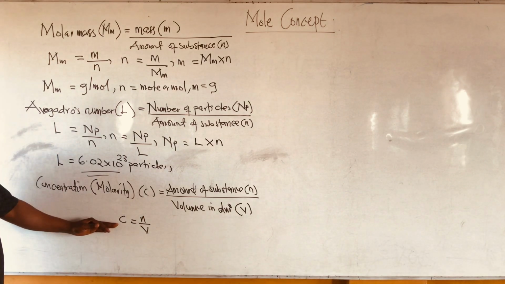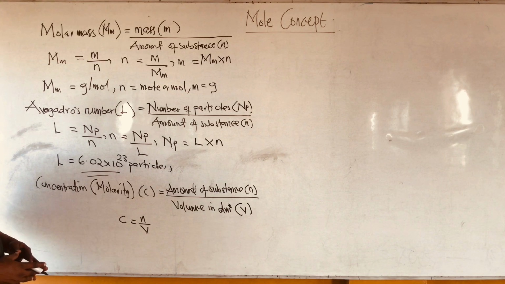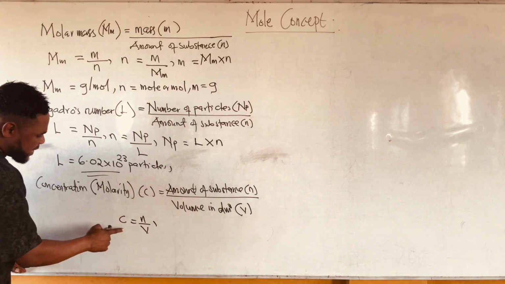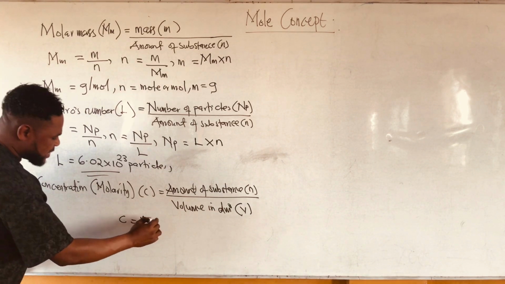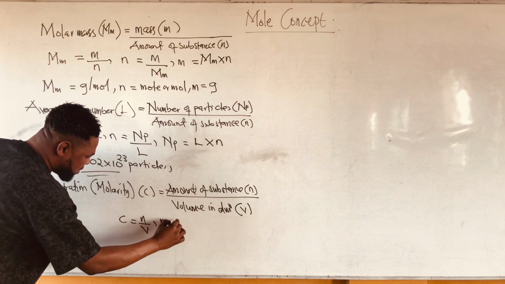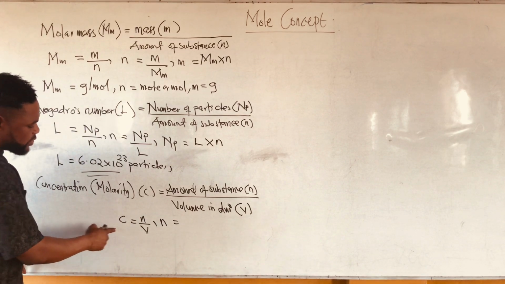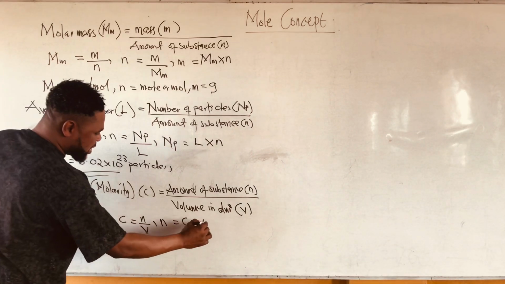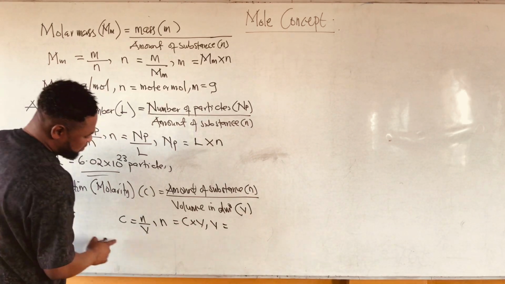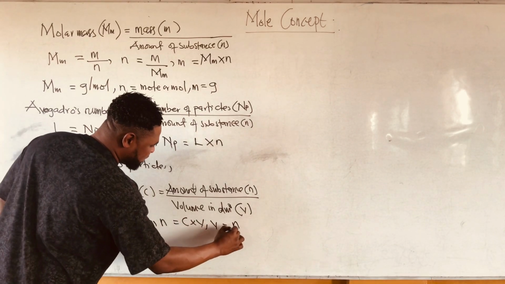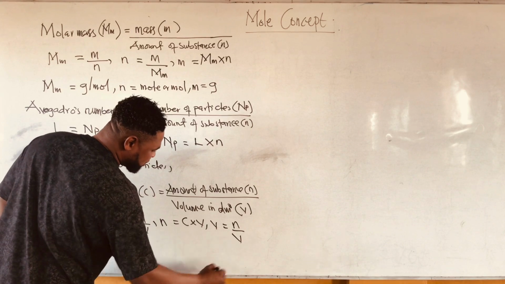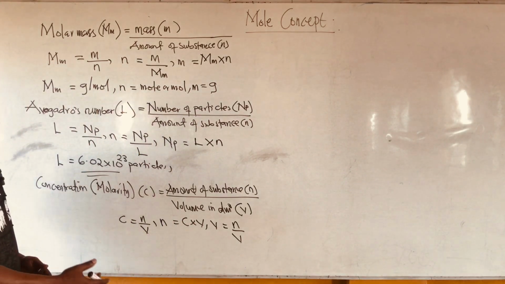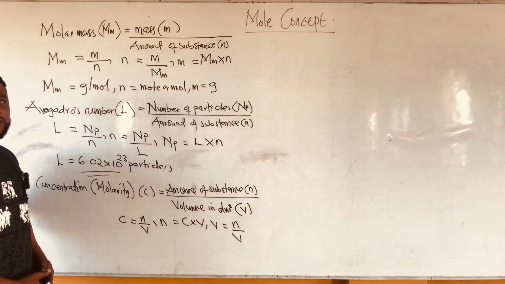So we can use this formula to do calculations under concentration. Again, we can say that mole or amount of substance is equal to concentration times volume. And volume is equal to mole divided by concentration. So from change of subject, we have these formulas.